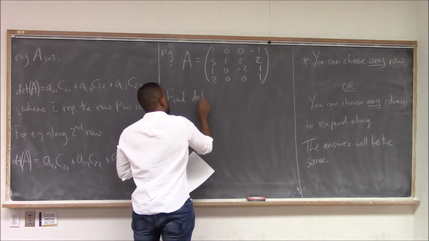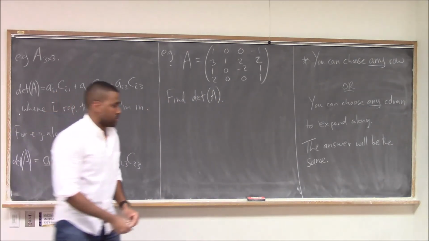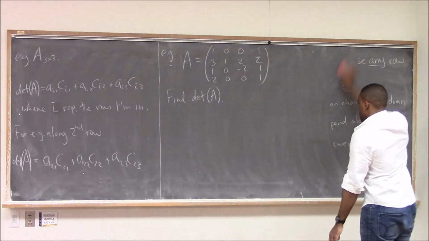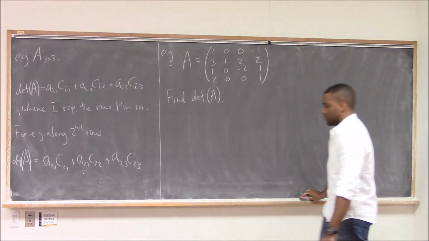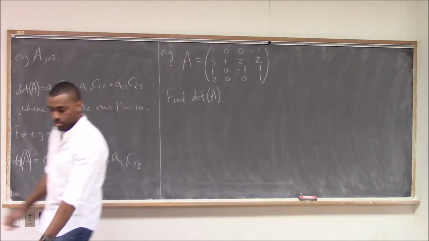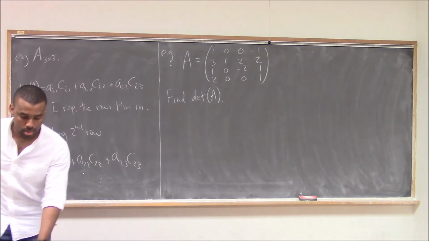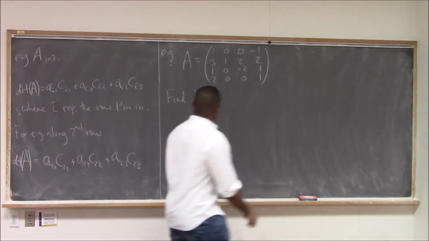Find the determinant of it. So, first step is to choose a row or a column that you want to expand along. We call it Laplacian expansion.